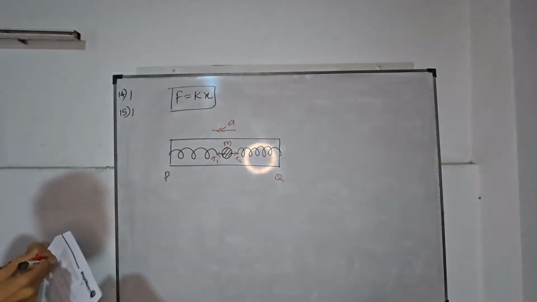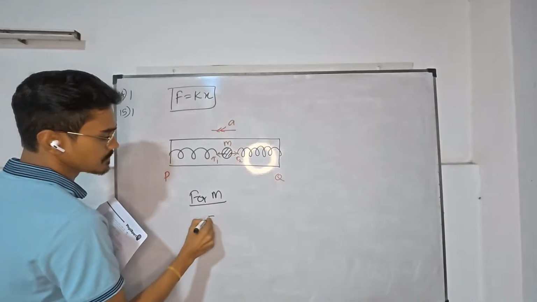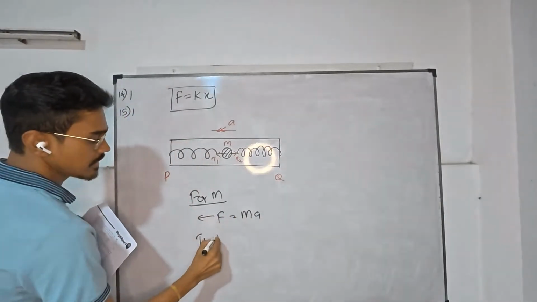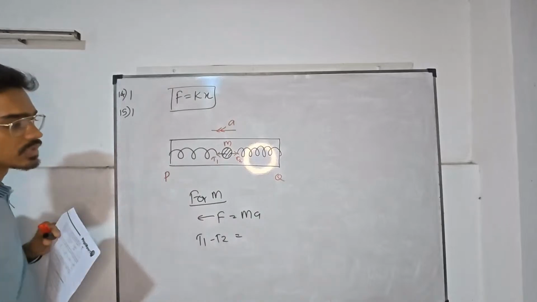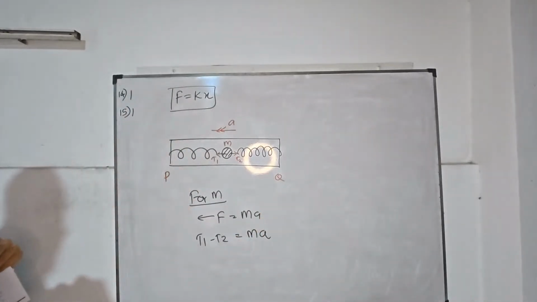Now, if I use F equals ma for simple M, leftwards, T1 minus T2 equals ma.